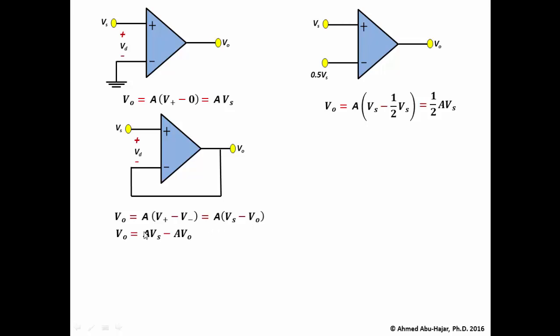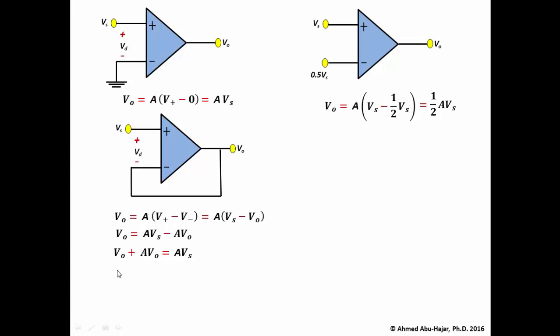So now I can play with the equation a little bit, so I can say that V out will equal A times Vs minus A times V out. I can bring minus A times V out to the other side of the equation, so I will have V out plus A times V out will equal A times Vs.